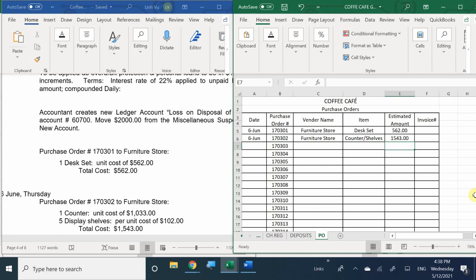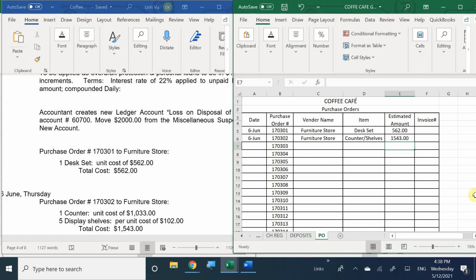Quick question. Yes. On items, I put one counter at $1,033 and 5 shelves at 102. Can we do that, or do we just leave it like counter and shelves? You do whatever you please, because the more descriptive you are, the better your accounting will be. In this case, you're not going to buy any more counters or display shelves.